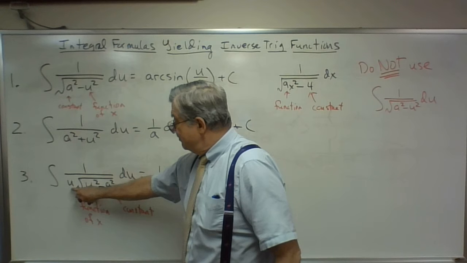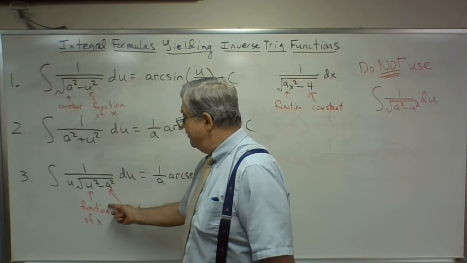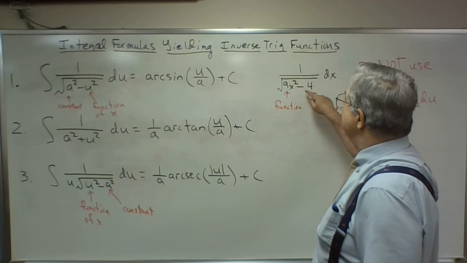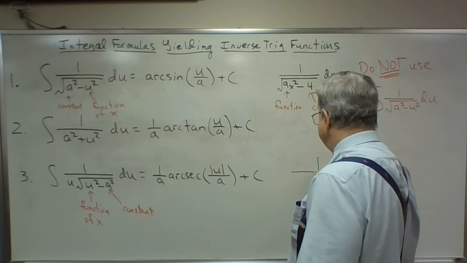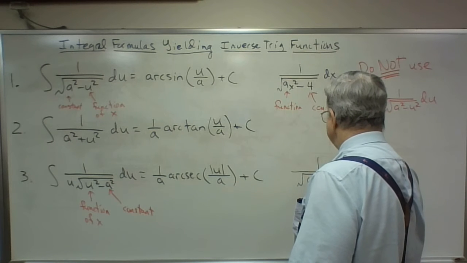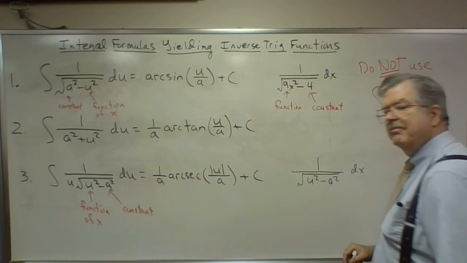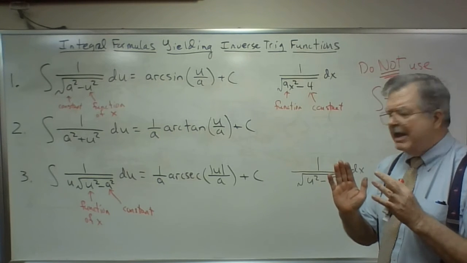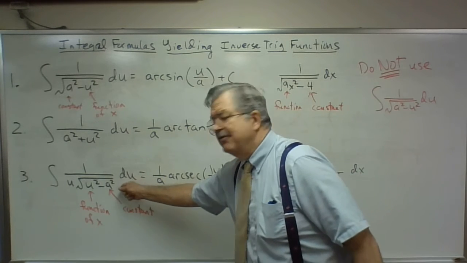If we have u, square root of u squared minus a squared in the denominator, full speed ahead, this is an arc secant problem. If we have u squared minus a squared, let's say dx here, we might be able to work things out algebraically to make it fit this form.